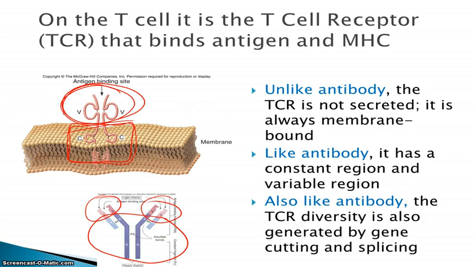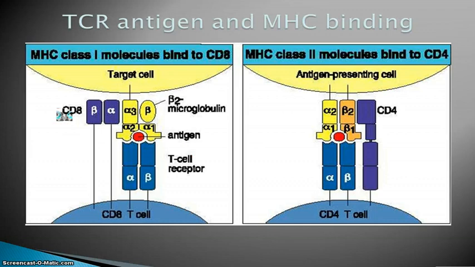So we end up with T cells that have the ability to recognize and bind something ever so slightly different than its neighbor. And it's those T cell receptors, along with the CD receptors, that form these binding complexes with the MHC class molecules. Okay, let's go through this a little bit slowly.